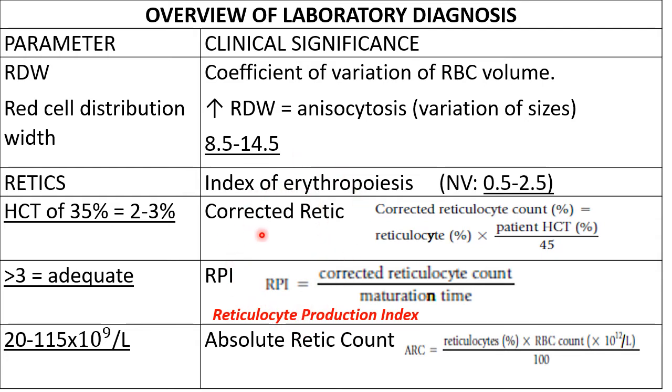Okay? Sa CRC, ang kailangan mo dyan is the patient's hematocrit. Sa RPI, aside from the patient's hematocrit, kailangan mo din malaman yung maturation time. And I believe na-discuss na to during your reticulocyte count topic. And then ARC, hindi mo kailangan ng hematocrit. Ang kailangan mo lang is the RBC count data.